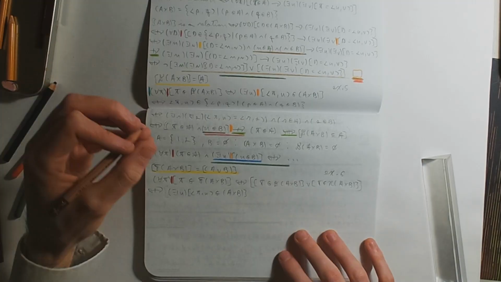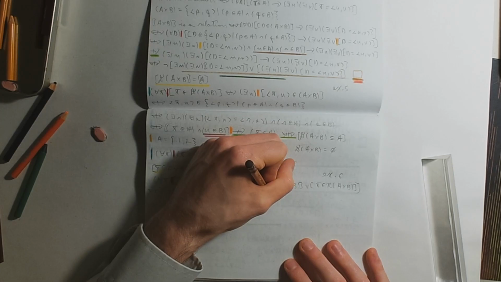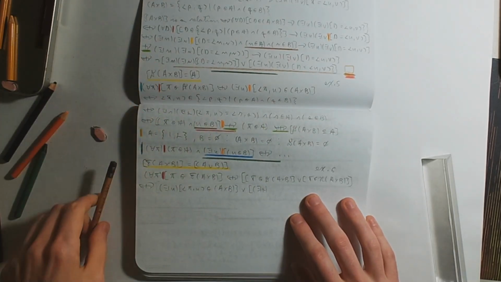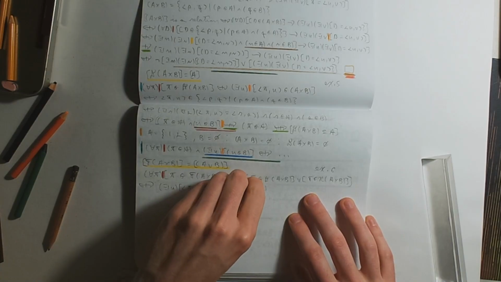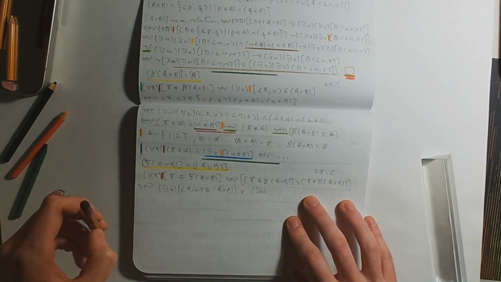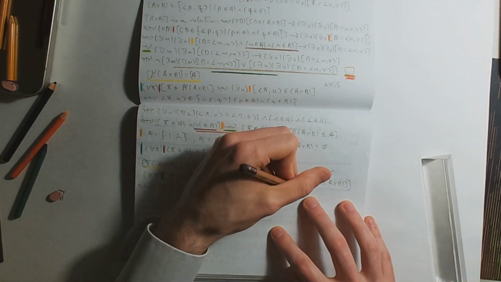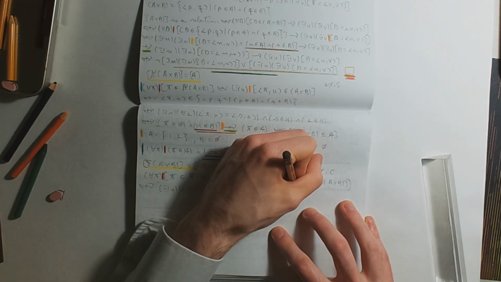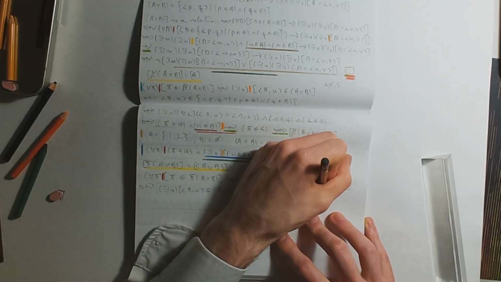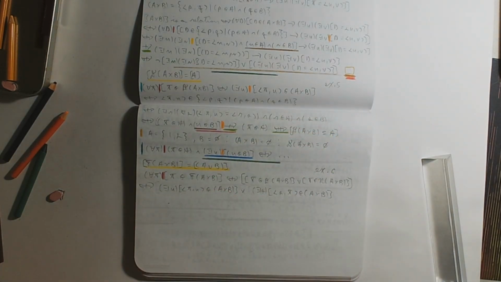Let's see. Or there exists an S such that the ordered pair ST is an element of A by B. Alright, so this one gets kind of horrible.